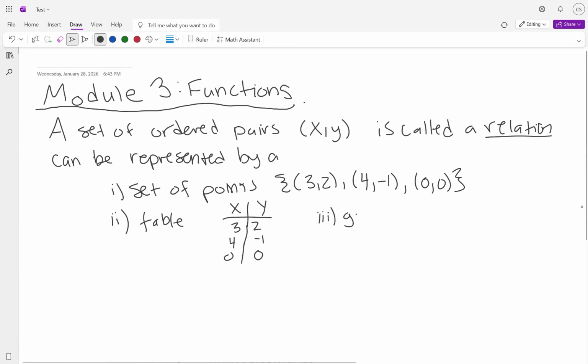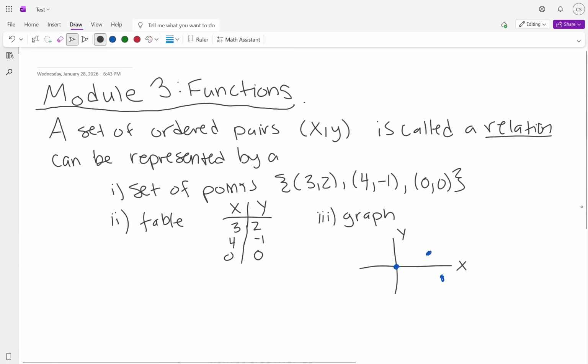It could be a graph. So we have our x and y axes, and then we'd have some general points on here. So here, (0, 0). We go over a couple and up some. There we go. We go over and down some. I'm not labeling the points, but they're approximately these three again.